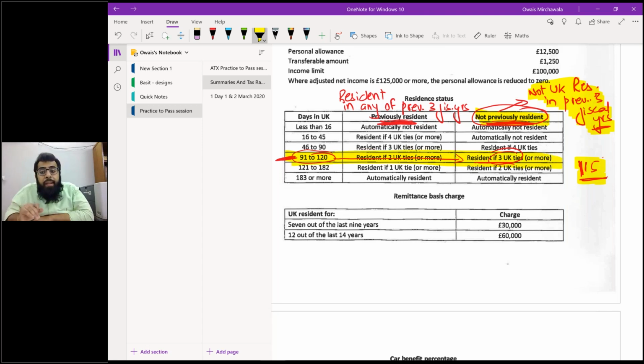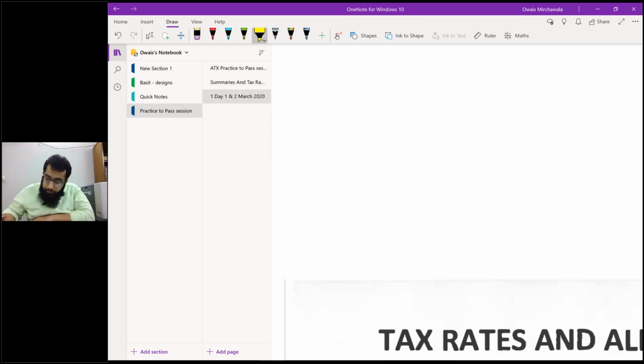You need at least 3 UK ties. How many UK ties? At least 3 UK ties you need to become UK resident. Let's come back to the question.